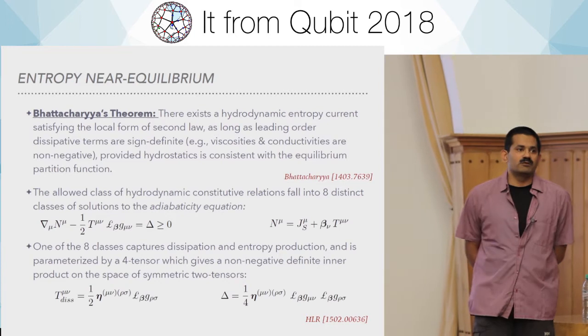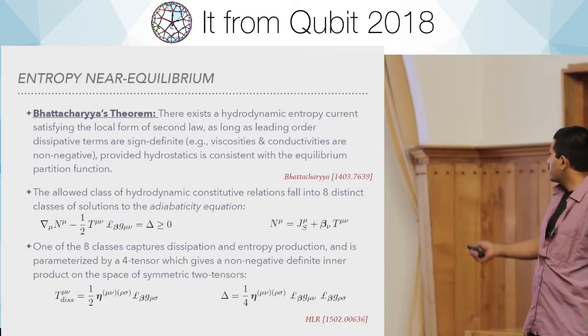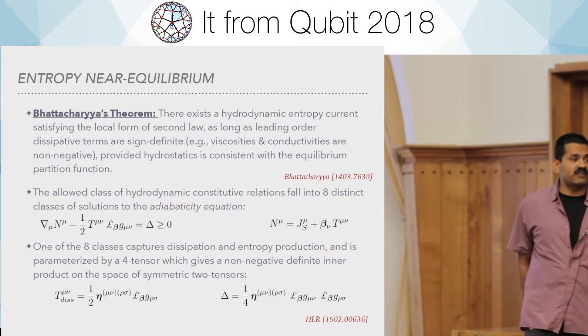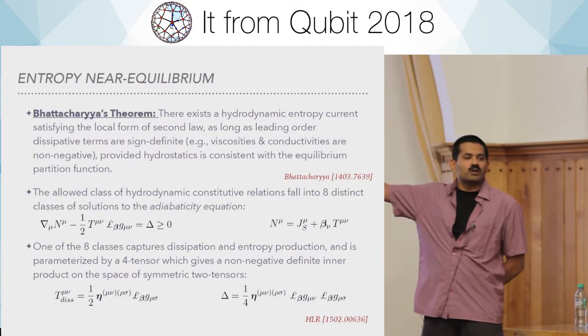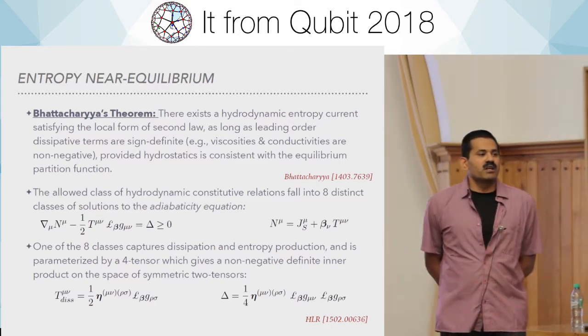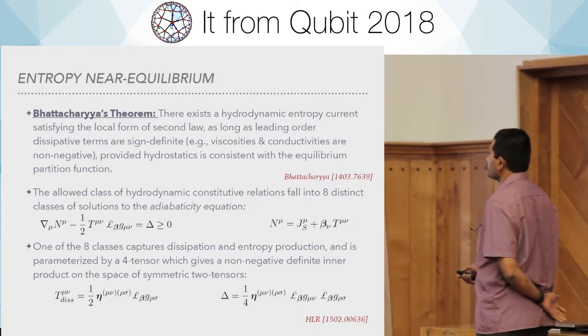So for example, the system has friction, not anti-friction, and hydrostatics is consistent with the statement I just made before about the equilibrium partition function. I won't go through the theorem the way she proved it. I'll just tell you an answer which follows from our analysis.